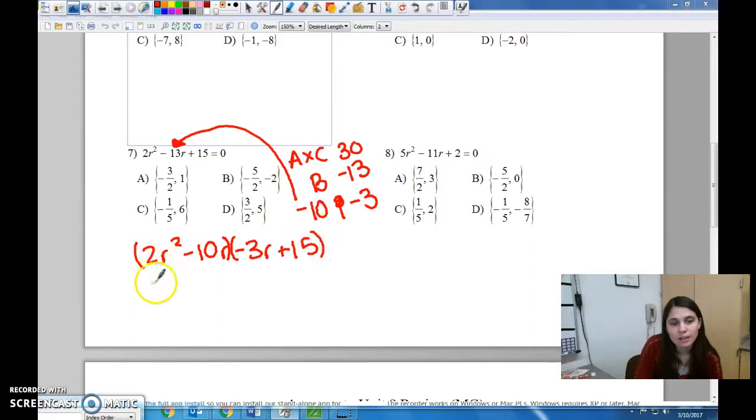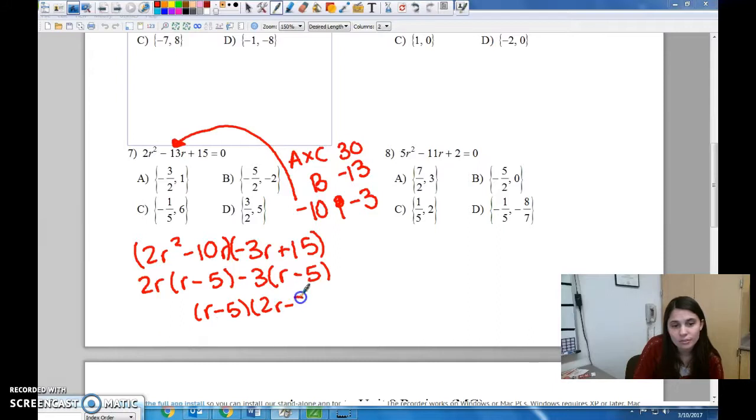So on this side, I can factor out a 2r, and I'm left with r minus 5. This side I can factor out a negative 3 because I want my r to be positive. And then 15 divided by a negative 3 is a negative 5. And then my parentheses are the same, so I have r minus 5 and 2r minus 3.